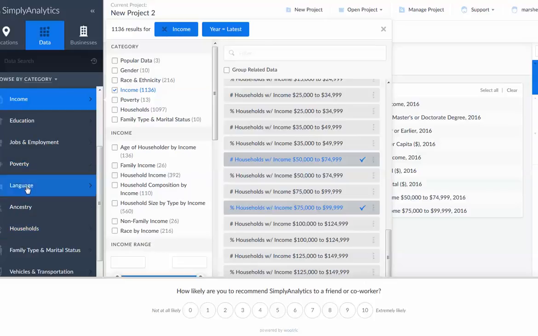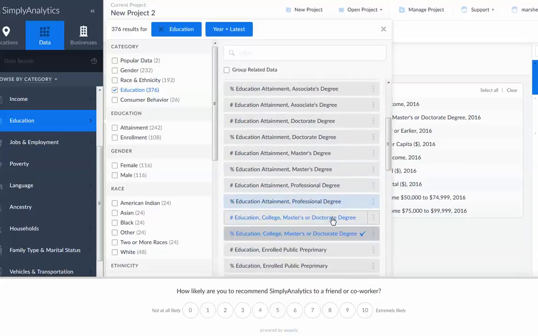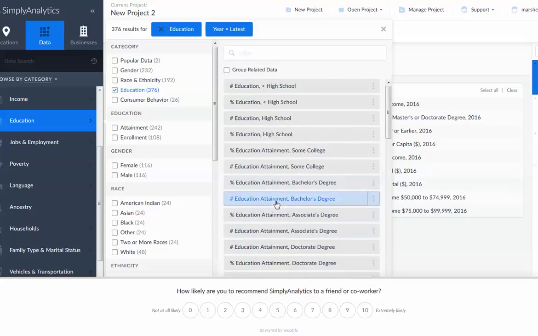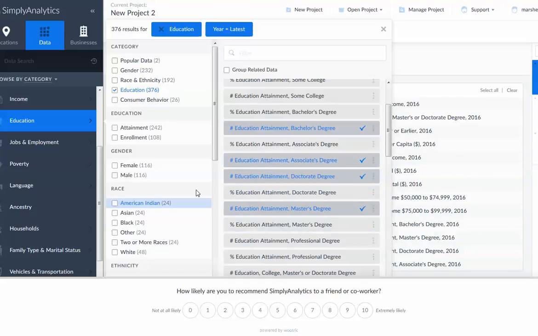I'm going to look at education. So perhaps I'm going to pitch these to people who have a bachelor's degree, a master's degree, a doctorate degree, oh, maybe an associate's degree too, because I'm looking for people who value education.